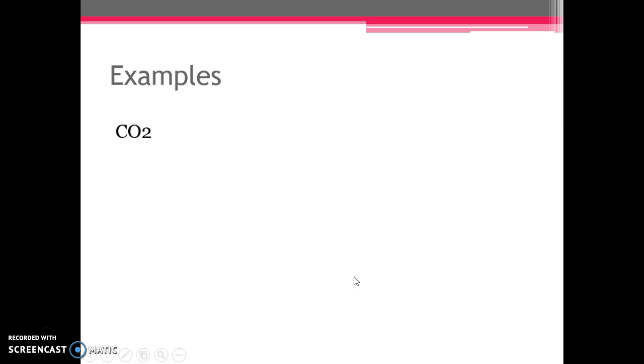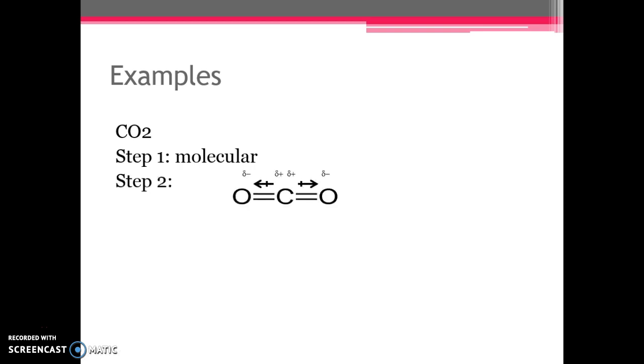All right, third example, CO2. So step 1, non-metallic stuff, so you've got a molecular substance. Step 2, hopefully you wind up noticing that it is a linear molecule. So even though oxygens are very electronegative compared to carbon, they are being pulled in opposite directions.